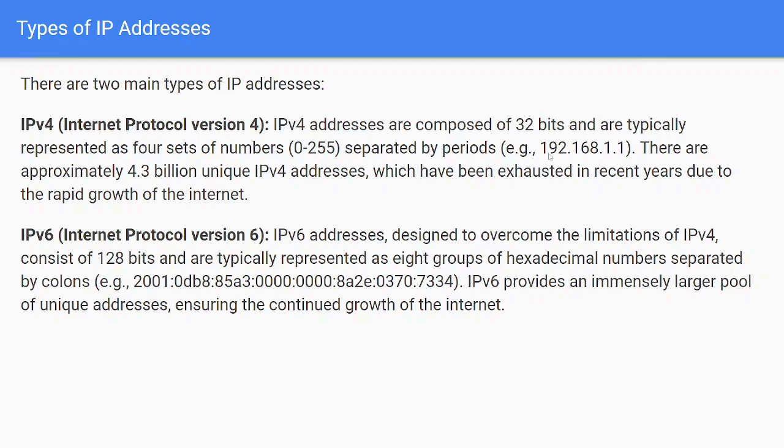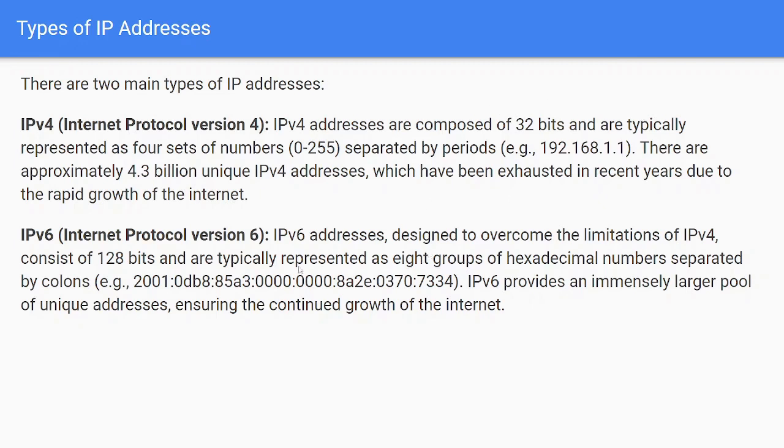Each of these places can range from 0 to 255, 0 to 255, 0 to 255, 0 to 255. You get, so that is basically how it is being addressed.